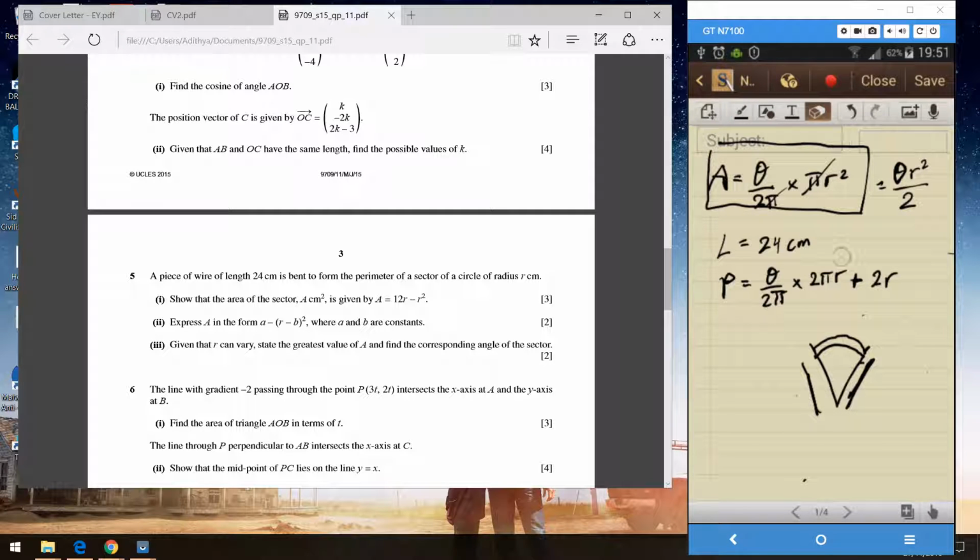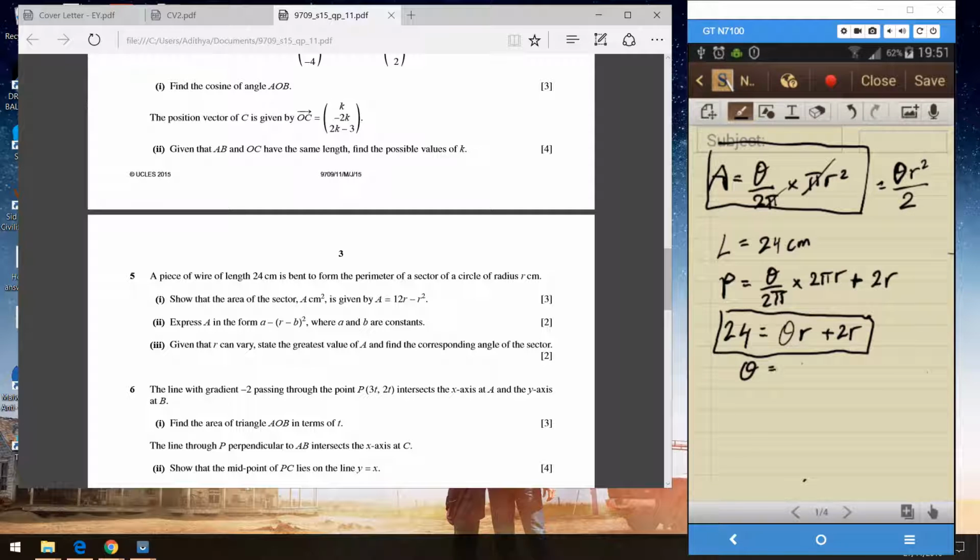So substituting the numbers, 24 is equal to theta times r plus 2r. Okay, now I'm pretty sure this is a correct equation. As we talked about, we make theta the subject, and this will be 24 minus 2r, divided by r.